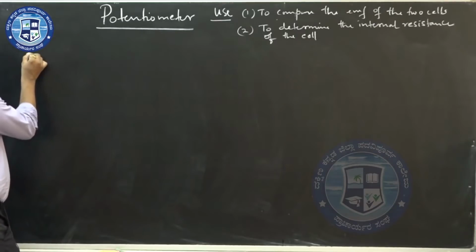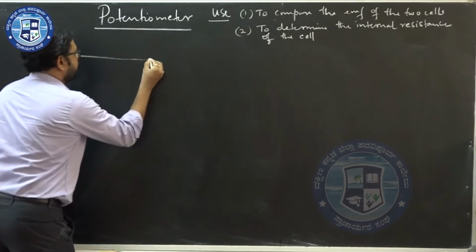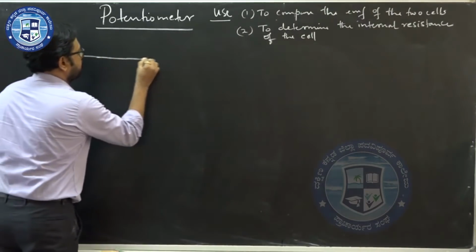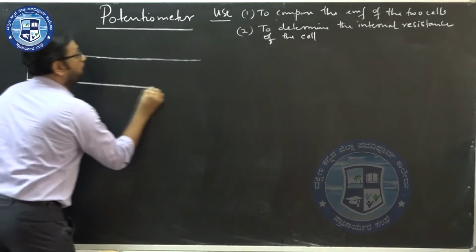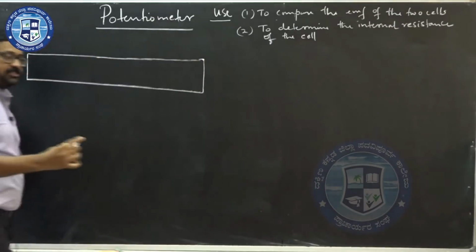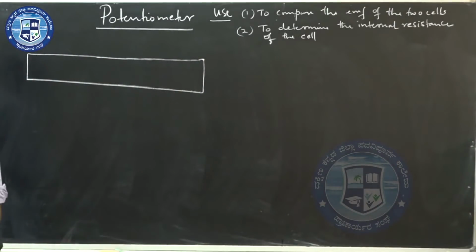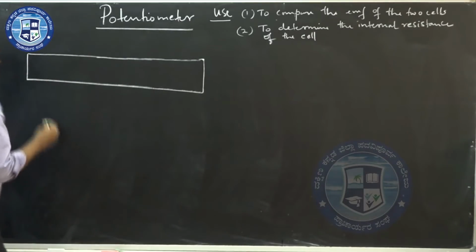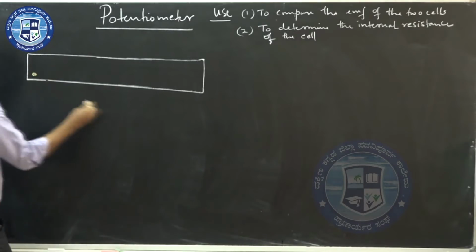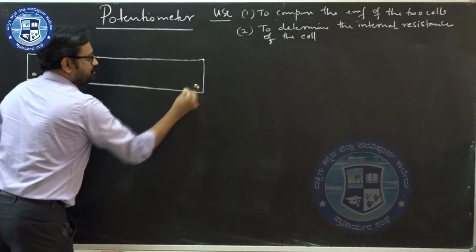Nothing special. This instrument consists of a rectangular wooden board, just like your meter bridge. On this wooden board, there are 2 terminals fixed.